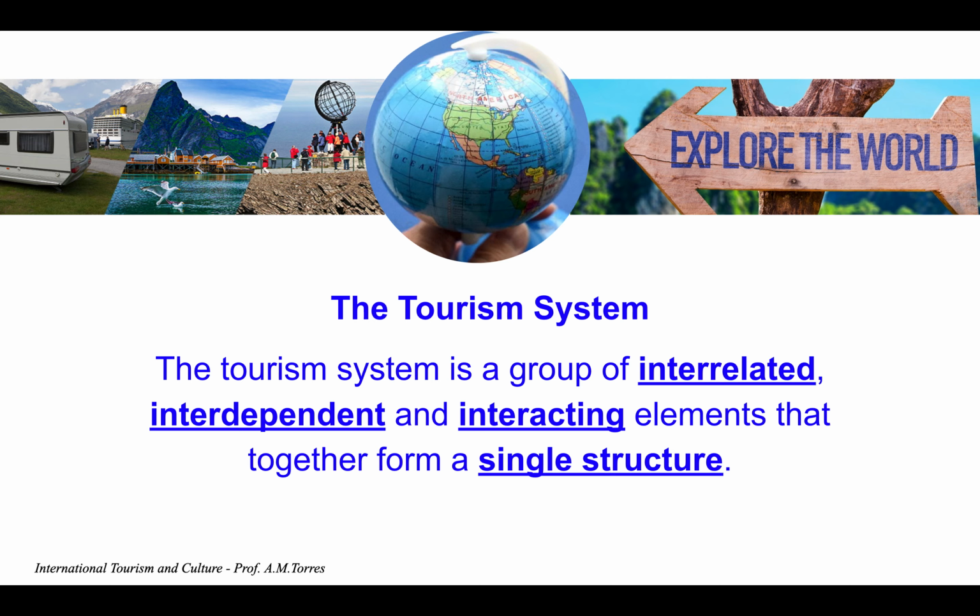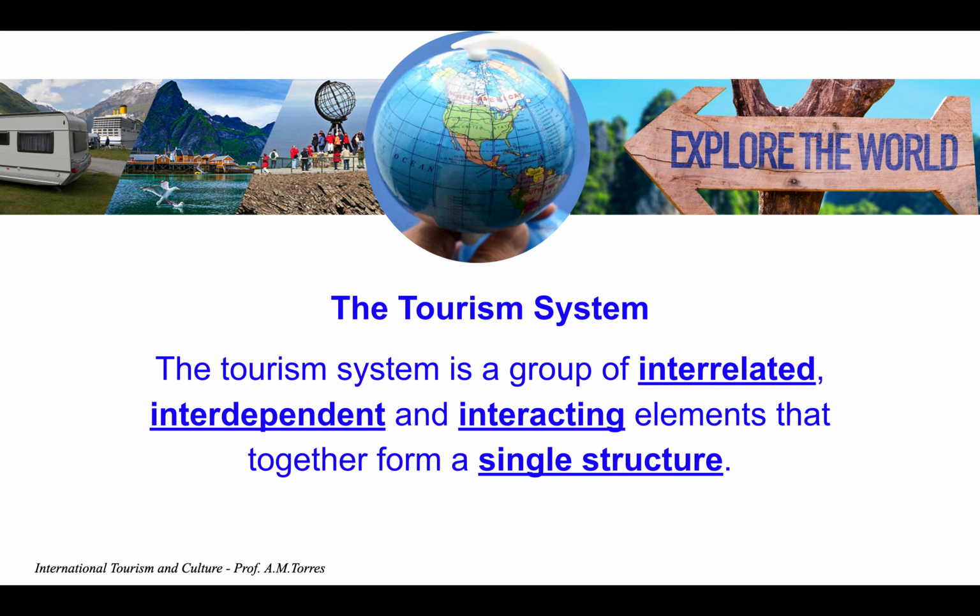Meaning, let's go back to the tourist who will be going to a certain destination. So, as I said, that tourist will never reach the destination without taking a transportation, whether it's something public or it's an own transportation. So, when that tourist reaches the destination, there are also other needs, such as, for example, food.